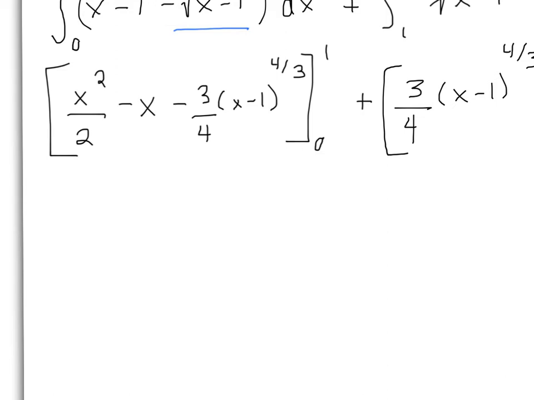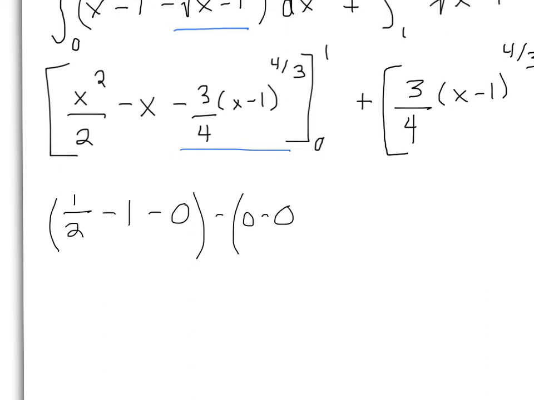So the value of this at 1 is going to be 1/2 minus 1. And you'll notice that when x equals 1, this second piece goes to 0, so that's nice. Then we'll say minus the value of the function at 0. When x is 0, we'll have -1 to the 4/3, which is the cube root of -1 to the 4th, so that'll be +1.